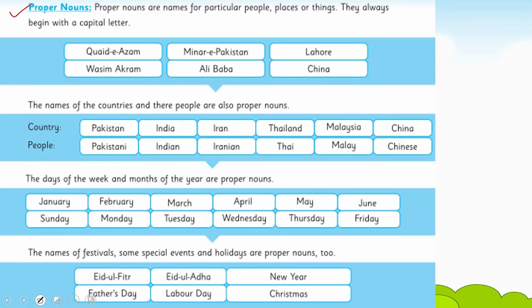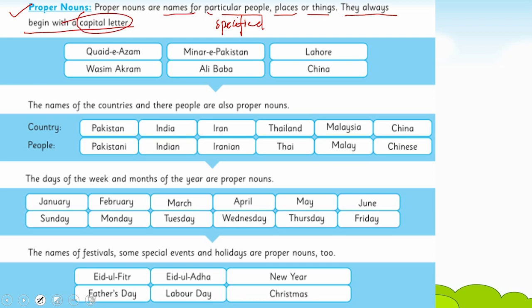Now coming towards the proper nouns. As I have earlier mentioned, proper nouns are the names for particular or specified people, places or things, and they always begin with a capital letter. Now, whenever a proper noun is used, it must be what? Started with a capital letter.